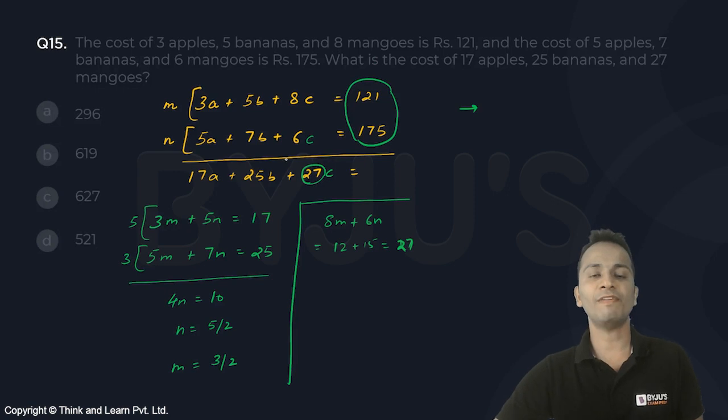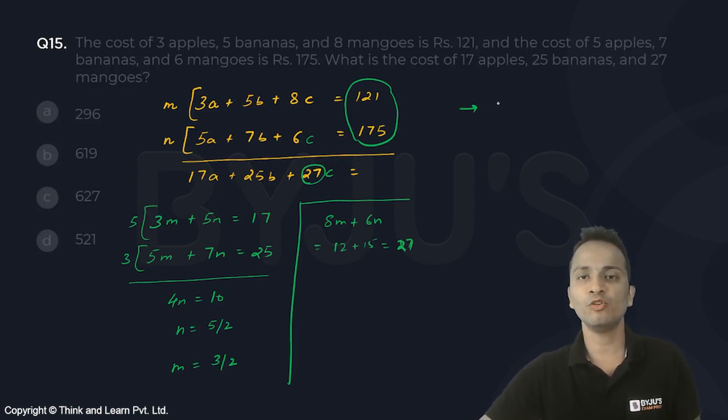So the value of 17a, 25b and 27c will be 121m plus 175n. So that is 121 multiplied by 3 by 2 plus 175 multiplied by 5 by 2.